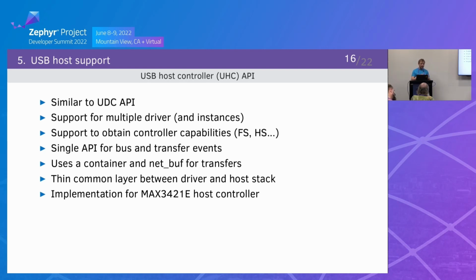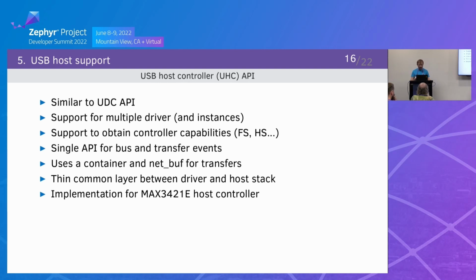For example, a control transfer from the host side contains setup, data, and status stage at once. It either fails or it's successful. So we have all three buffers at once in a container, and also here we have a thin common layer between driver and host stack.